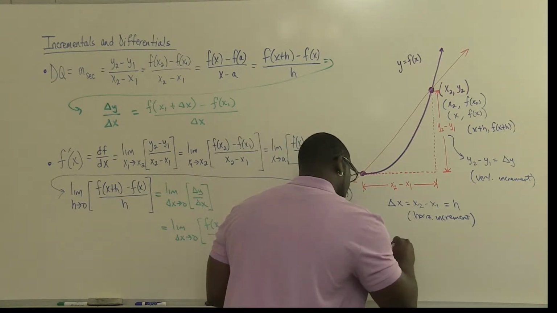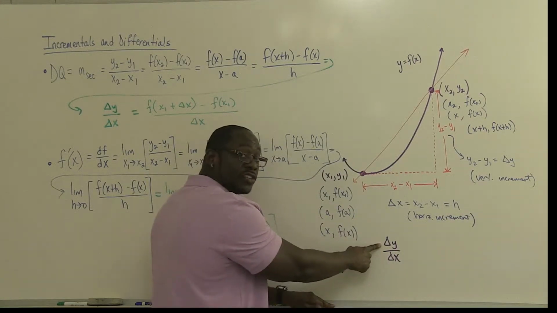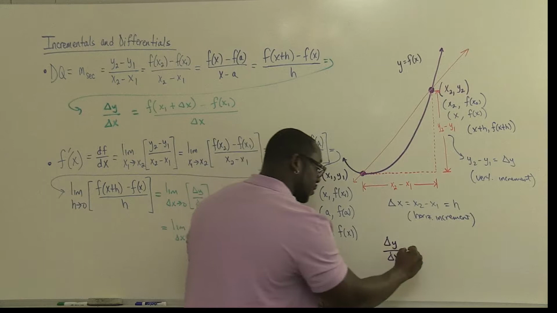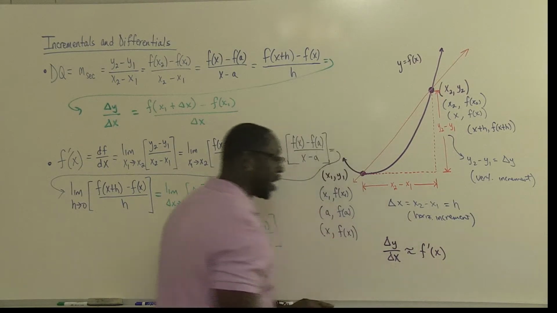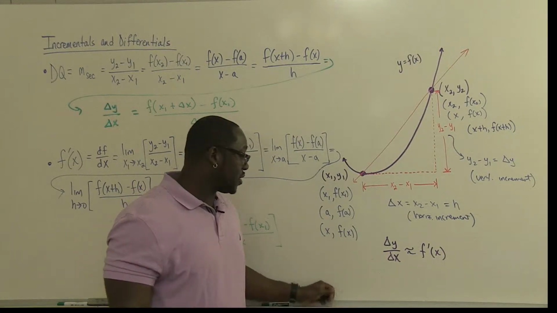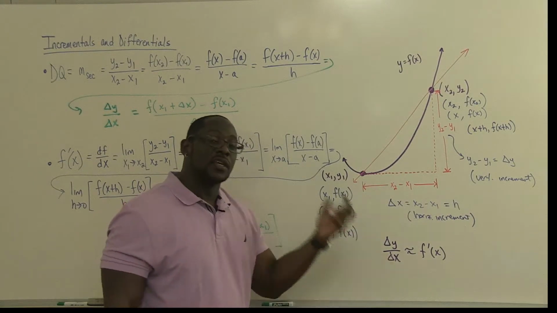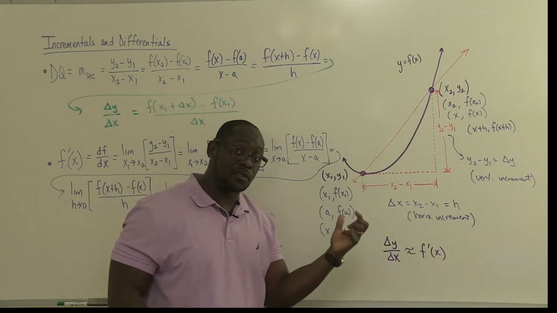We say that here our change in y, or delta y over delta x, is a good approximation for what our actual derivative would be, with the understanding that delta x is a very small number. It's not 0, but it's very, very small.